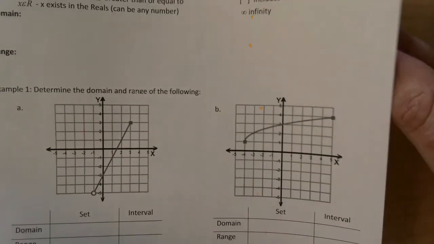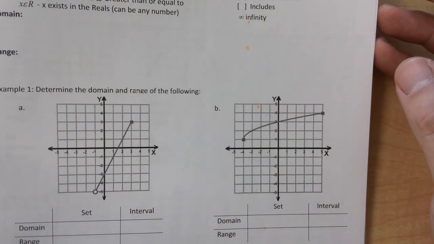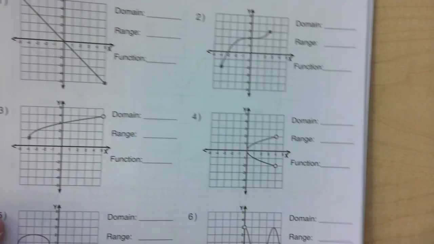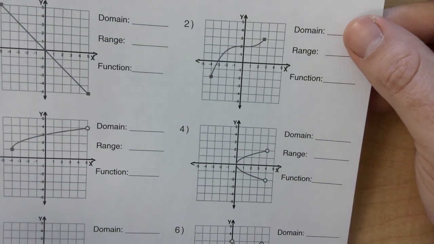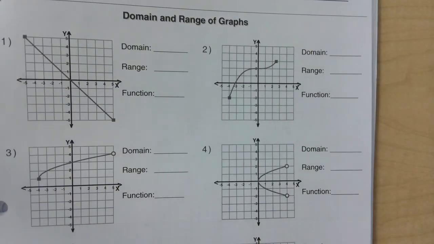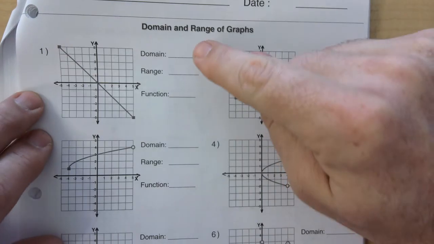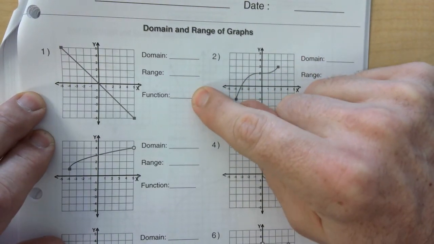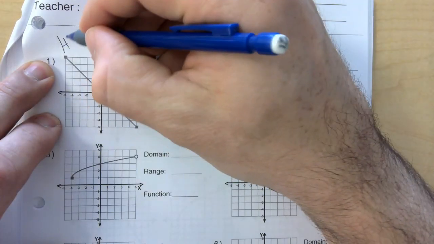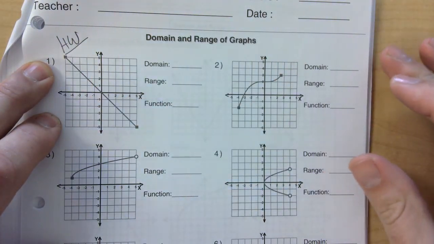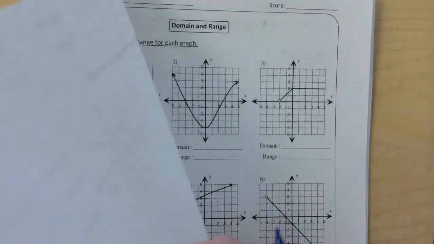I'm going to ask you to try this page right here. Don't worry about the, oh, it's asking for the domain and range and whether or not it is a function. So this is your homework. Let me just keep flipping through it.